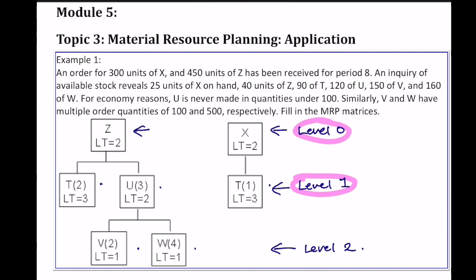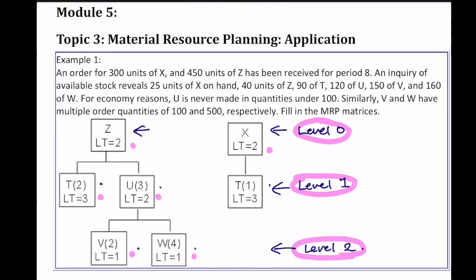Further, after you finish level 1 MRP matrices, you can develop MRP matrices for level 2. So we may start with Z and X first, then look at the MRP matrix for T and U, and lastly V and W.